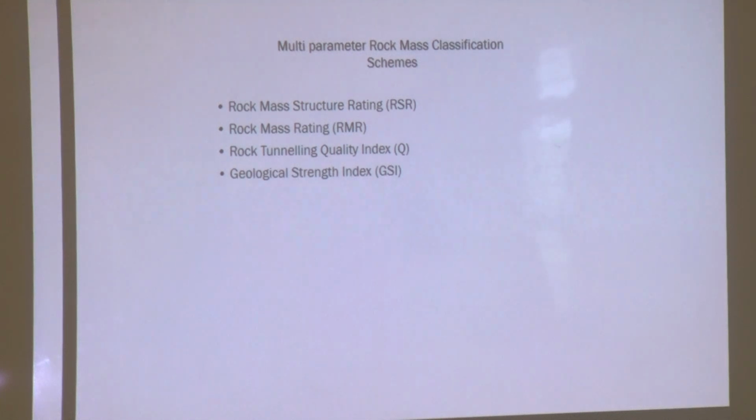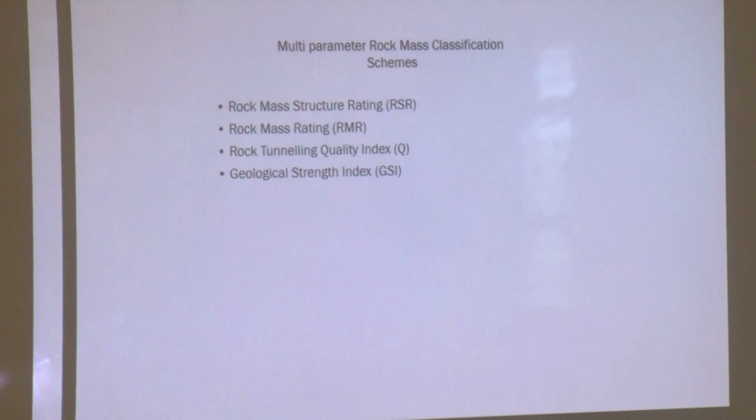One of the major renowned rock classification systems is the rock mass rating system. In 2004, the last modification was incorporated, and it is still going on. That is why I am telling you it is still useful today, because based on different experience, different engineers and geomechanics groups improve the deficiencies present in this rock mass rating system.